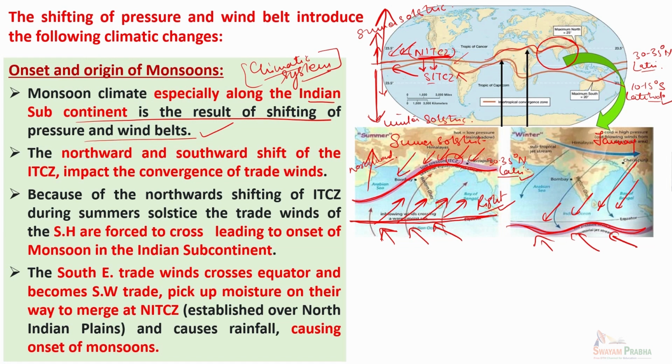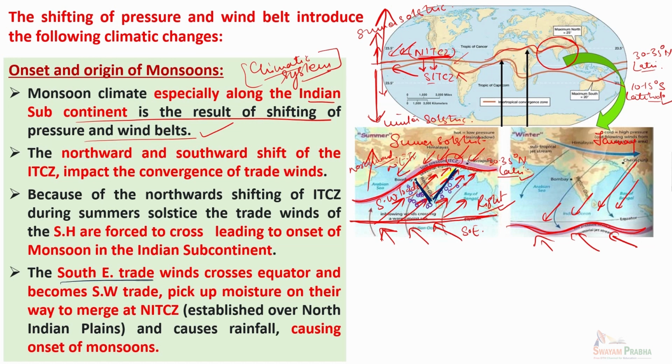Therefore, their direction changes from southeast to southwest trade winds, and they continue their northward journey in order to merge with northeast trade winds at the intertropical convergence zone, which has now established itself somewhere around the northern plains of India. And in this northward journey, they pick up a lot of moisture from the Arabian Sea region and the Bay of Bengal region, causing massive precipitation, especially along the eastern and western coastal areas of the Indian subcontinent.